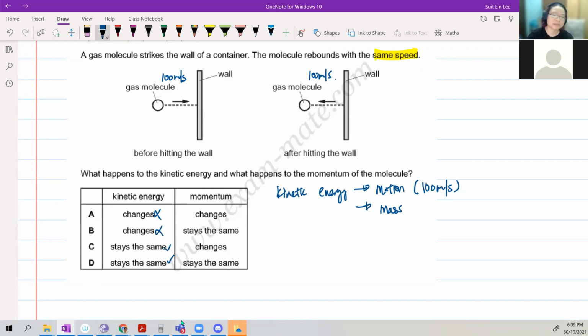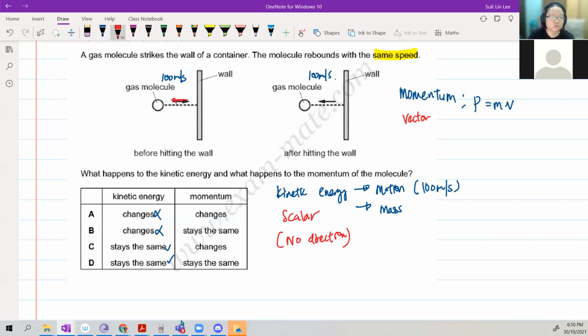Okay, what about momentum? Remember when we discussed the rocket just now, momentum P, although it is equal to mv, this momentum is a vector. And this is a scalar. A scalar quantity has no direction, so we can ignore direction. But this one, it did change direction.